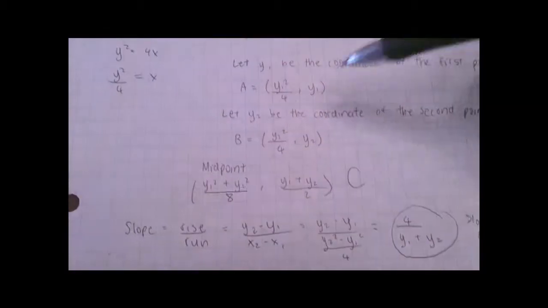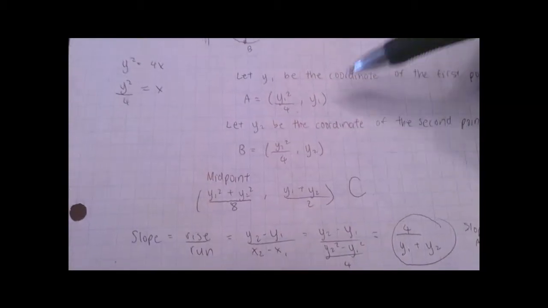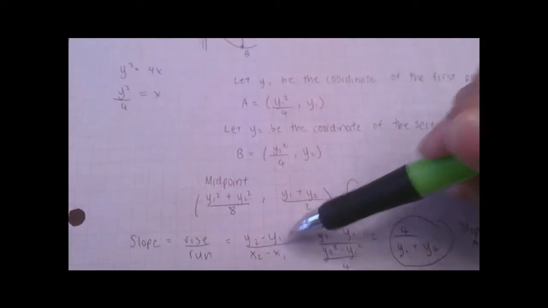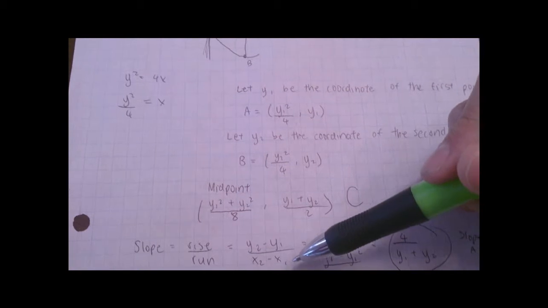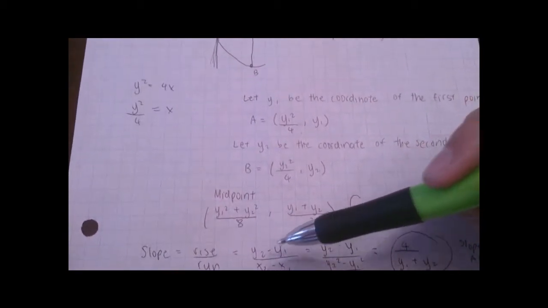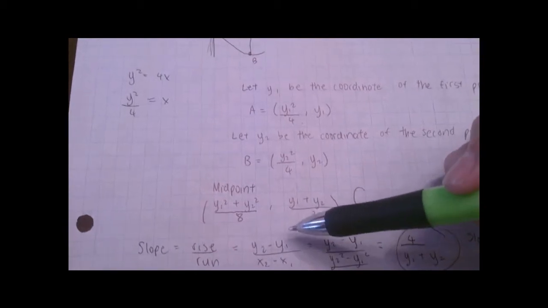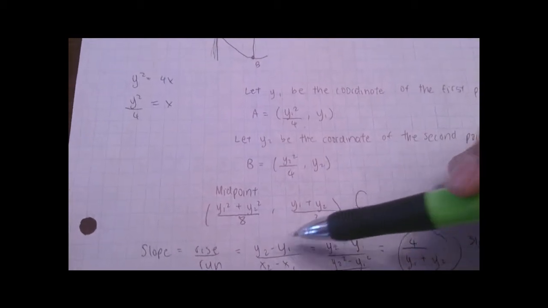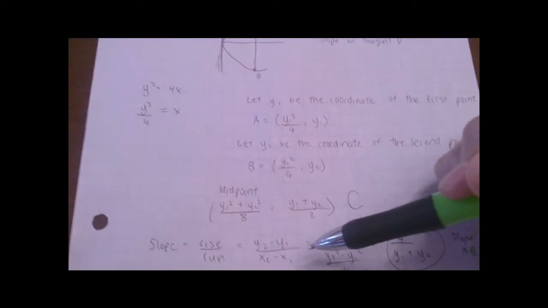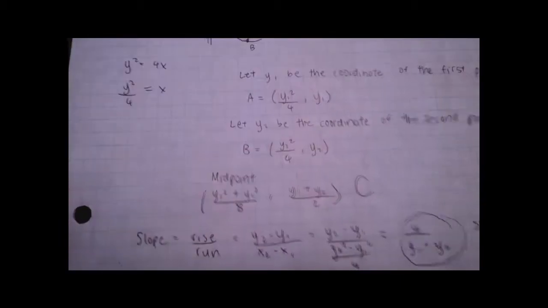So to determine the slope of line AB, we know that it's rise over run, or y2 minus y1 over x2 minus x1. So the y coordinate of our second point minus the y coordinate of our first point, and the x coordinate of our second point minus the x coordinate of our first point.